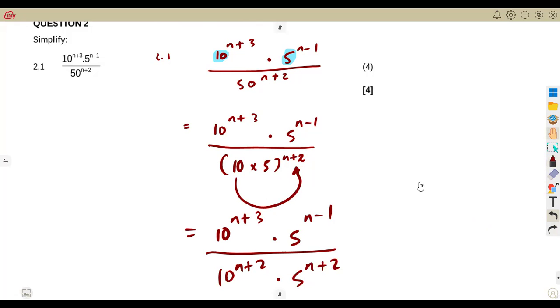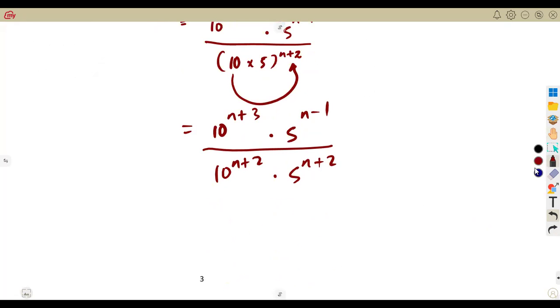Now we are back. When the bases are the same, x to the exponent of m over x to the exponent of n, we are dividing, so you subtract the exponents.